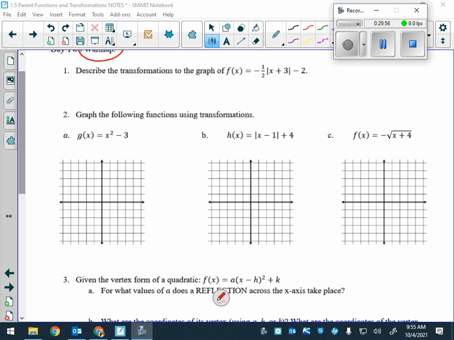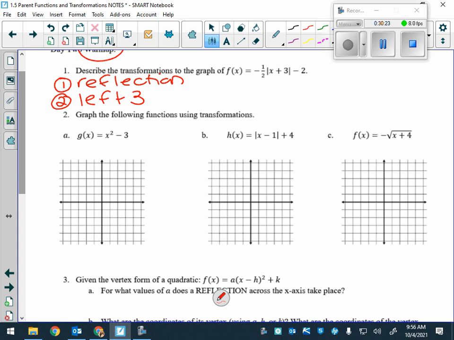Describe the transformations to the graph. F of x equals -1/2 absolute value of x plus 3 minus 2. Pearson, give me 1. Yep. Reflection, good, because of the negative. Excellent. Victoria, give me another. Good.